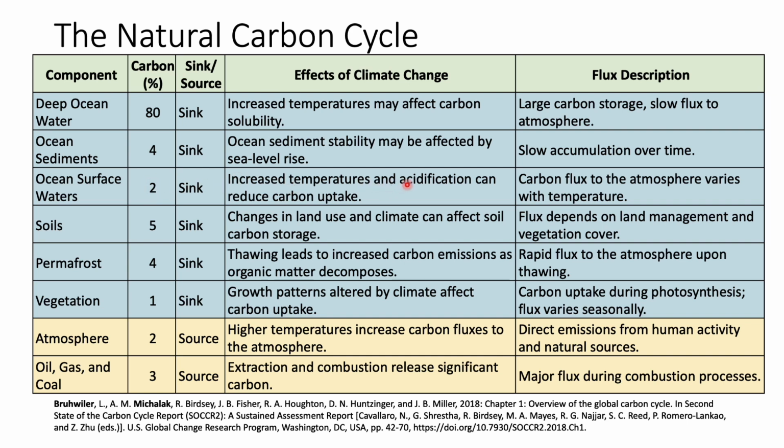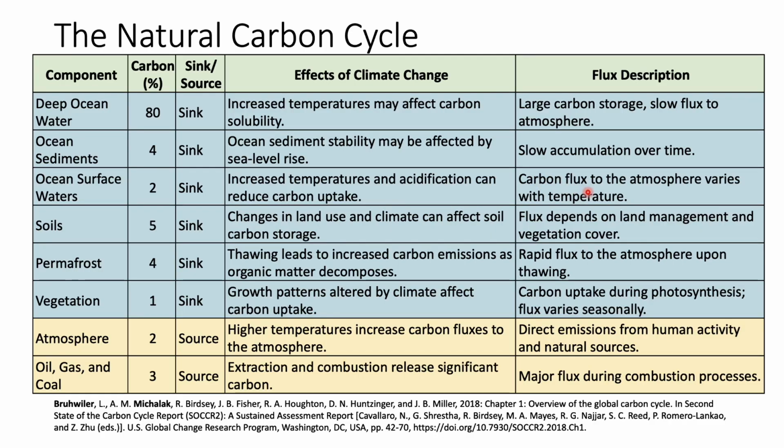Increased temperature and acidification can reduce the carbon uptake, because when the water is more acidic, it has less ability to absorb carbon dioxide. So the absorption of carbon dioxide may reduce when the temperature increases, and the carbon flux to the atmosphere varies with the temperature. If the temperature is higher, more carbon dioxide may be released.